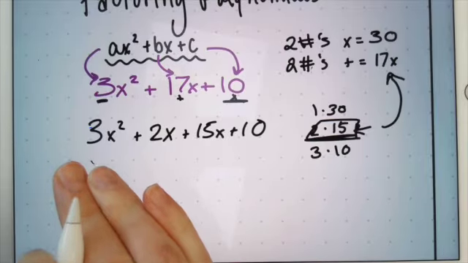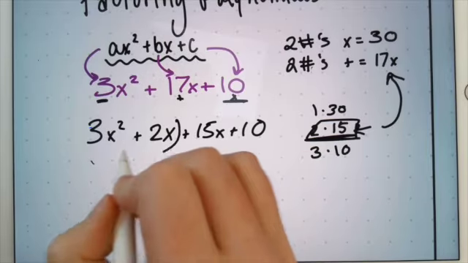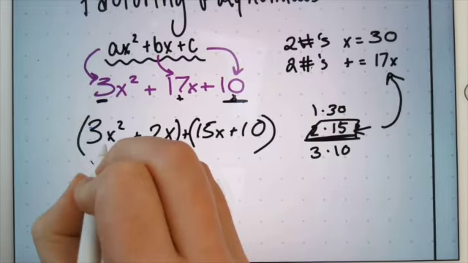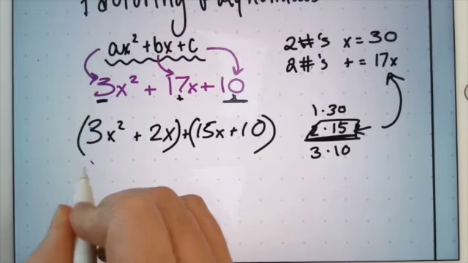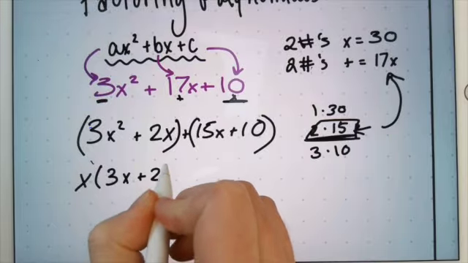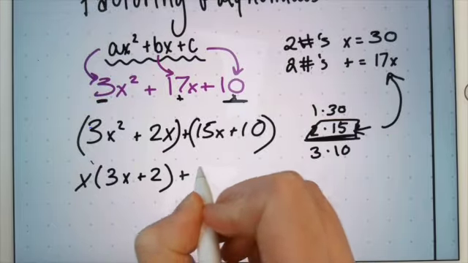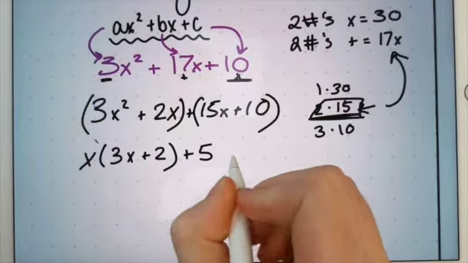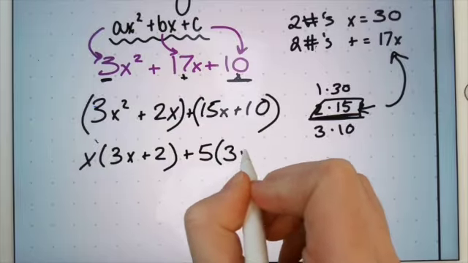I'm going to break it up just like I did before: stick my two brackets together and pull out common terms. The common term for this first bracket is an x, and I'm left with 3x plus 2. The common term for this bracket is a 5, and so I am left with 3x plus 2.